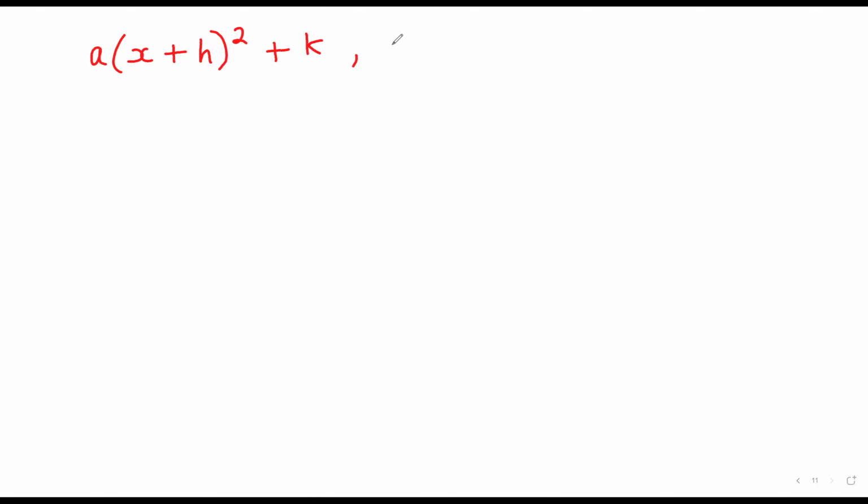Where a, h, and k are all real numbers, right? So this is the format that most times they ask you to represent the quadratic in terms of this a by x plus h squared plus k, right? So let's see how that looks.